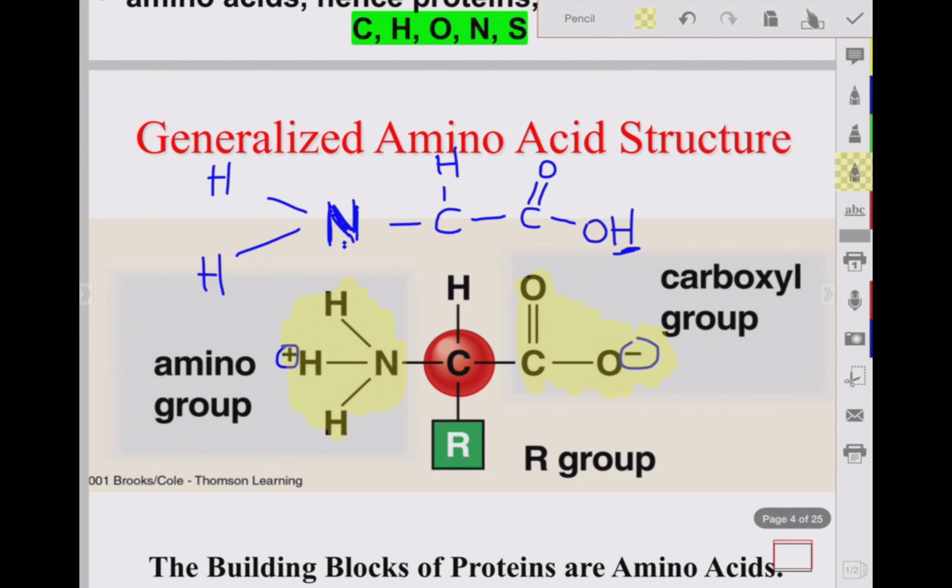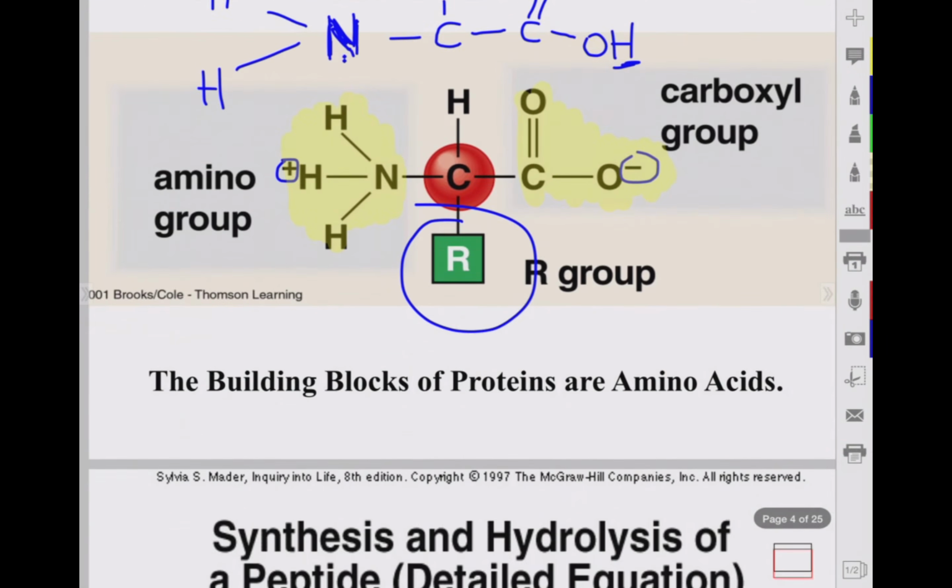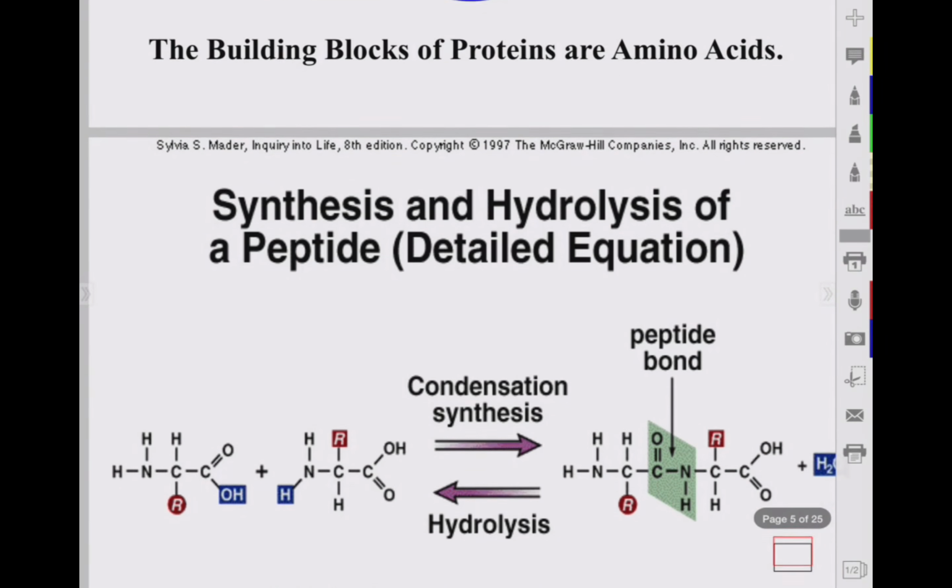But this R group, and I always think a good way to remember it is the remainder, this guy down here can vary quite wildly. There's a whole side chain of atoms that will build off that side, and there are many different amino acids to look at. They don't look alike, is what I was trying to point out.